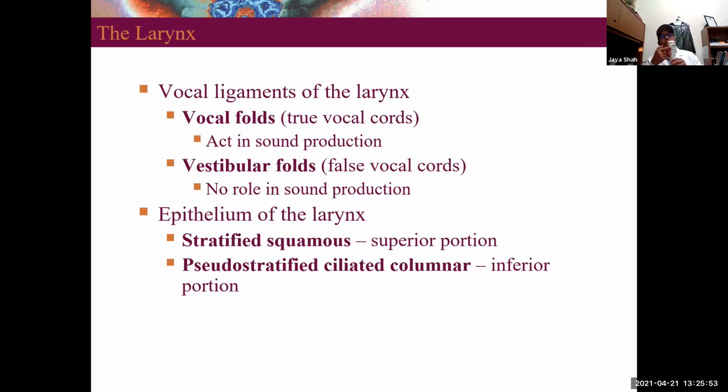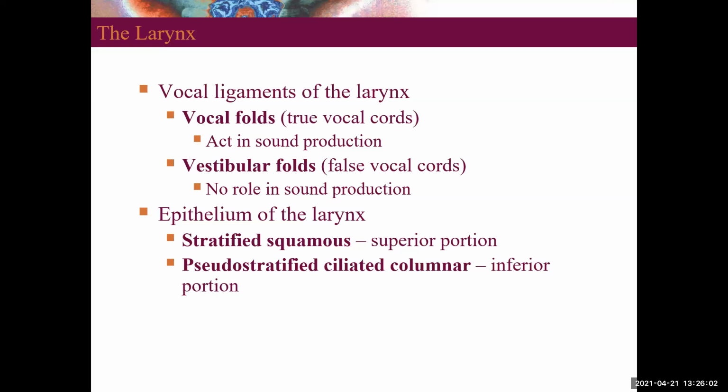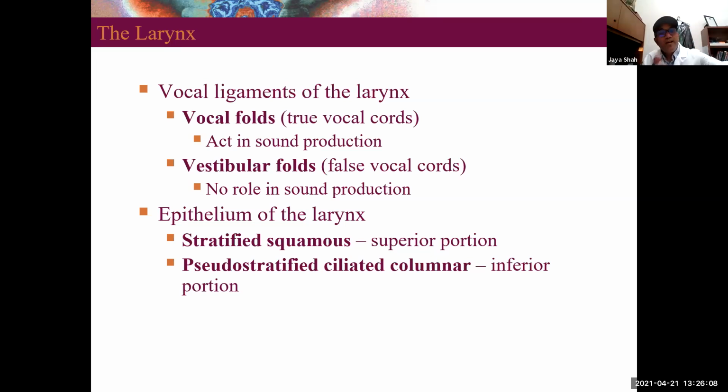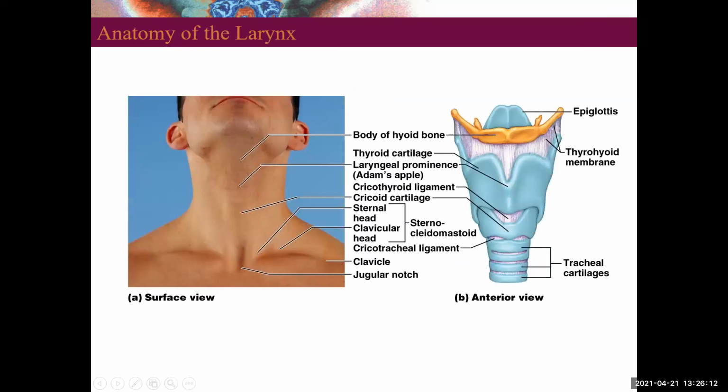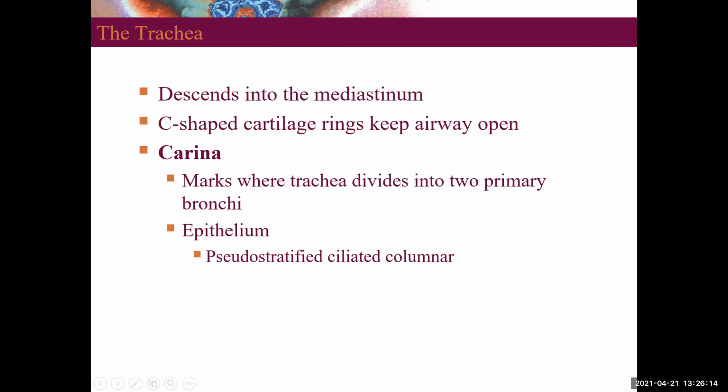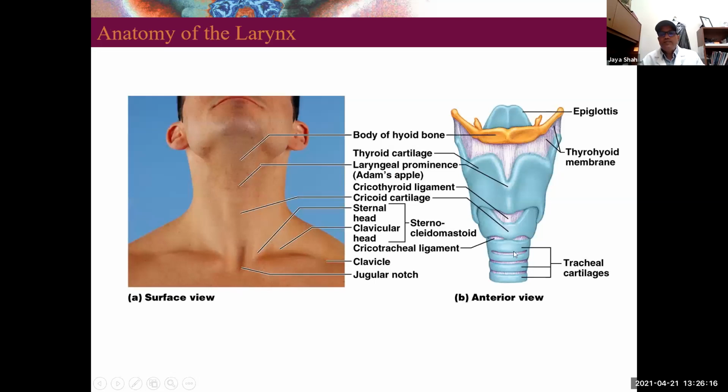See, so which cartilage is this? Laryngeal prominence. And here, cricoid cartilage. And other cartilages are smaller inside. And then as you see, there is the trachea. The trachea is made up of tracheal cartilages, and there are 20 tracheal cartilages.